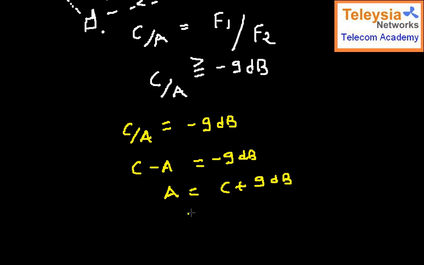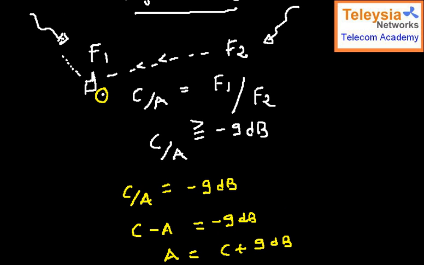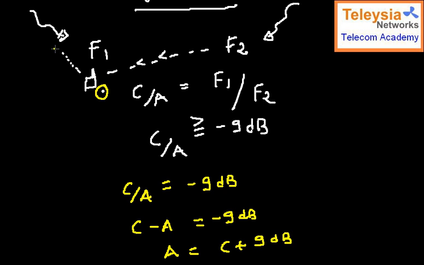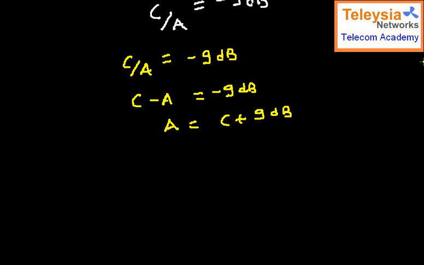Let us assume that where I am standing right now, I am very close to the F1 frequency. Let's say F1 is cell A and F2 is cell B. Assume cell A is my carrier right now, and cell B is my adjacent channel right now.